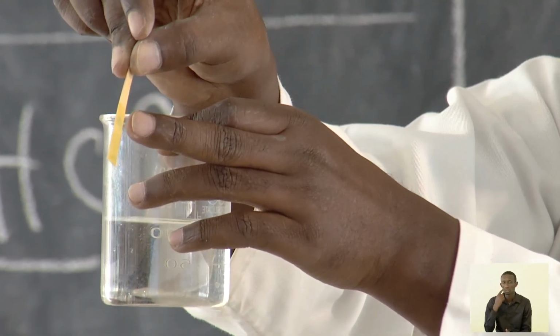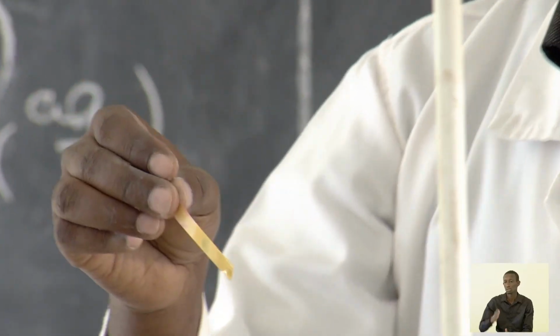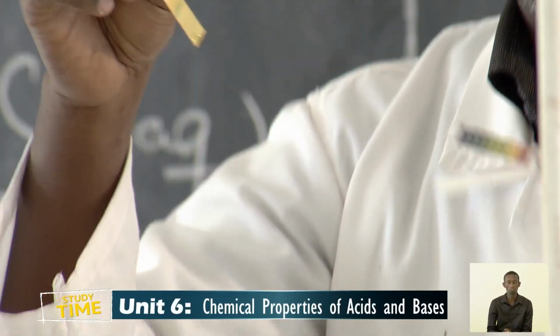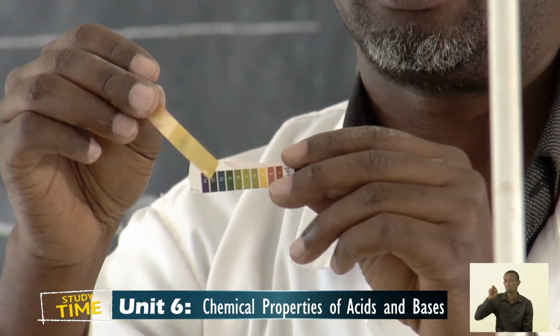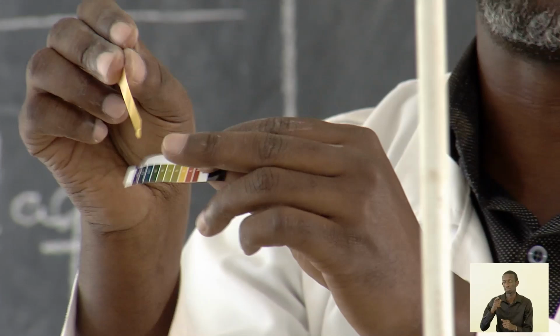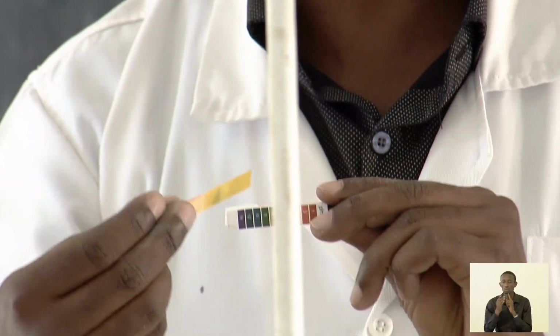That green color, you see the color is coming. So the pH scale tells us that this solution is water because of the green color indicated on the pH. The neutral solution here is indicated by the green color.